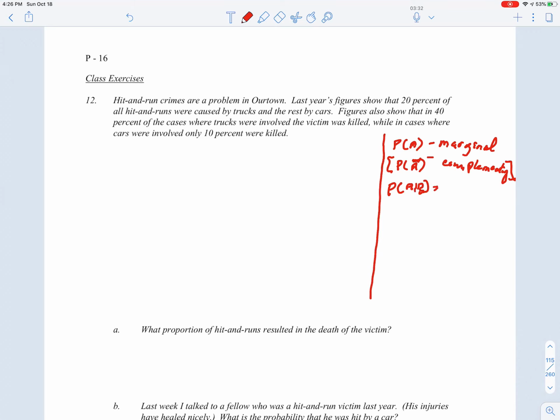The second type that we learned is a joint probability. And the operative word here is and. So if you can rewrite the sentence or the phrase using the word and, then it means it's a joint probability.